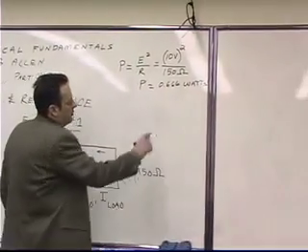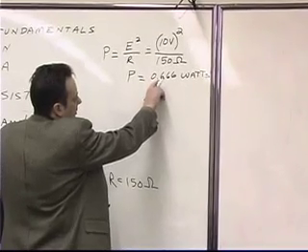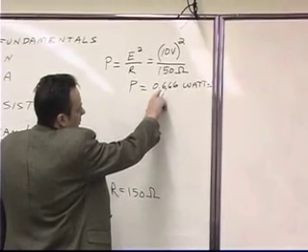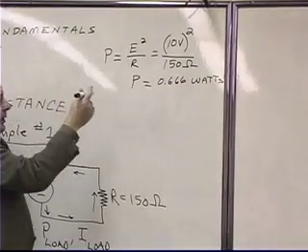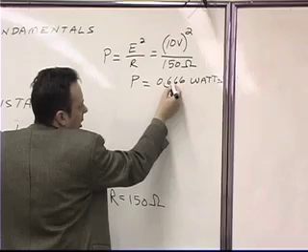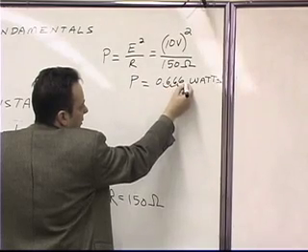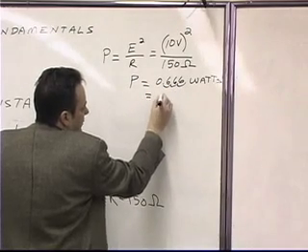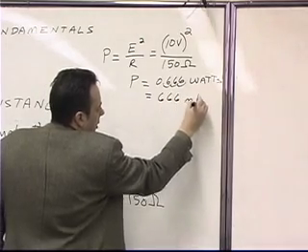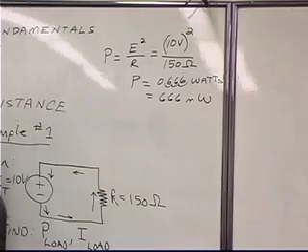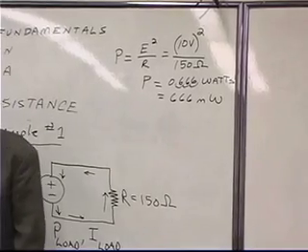And would I move it to the right or to the left? To the right, because milli is going to be a bigger number, right? So if I move this 1, 2, 3 spaces, then that's the same thing as 666 milliwatts. And that's typically how that would be expressed.